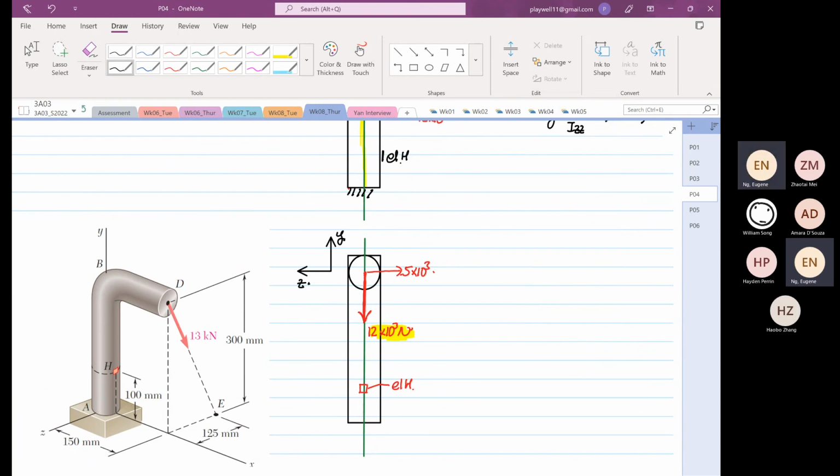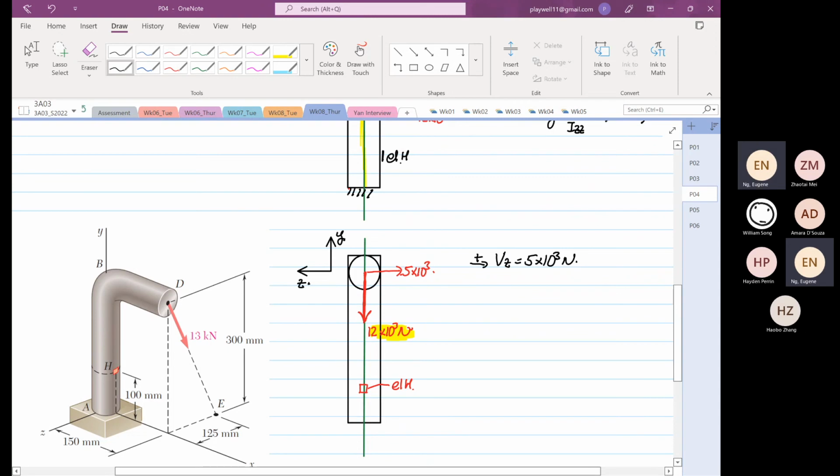So now, I'm going to call positive going to the right. We have our Vz, which is equal to 5 times 10 to the power 3 Newton.